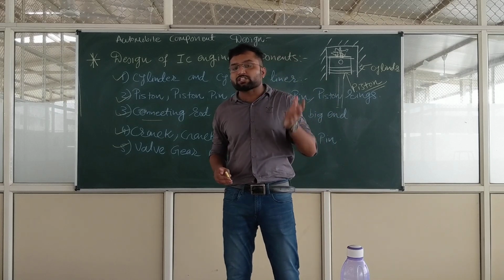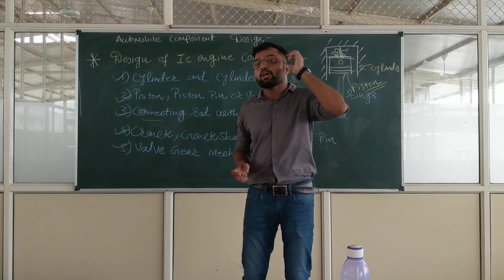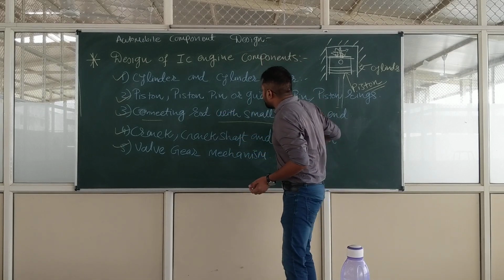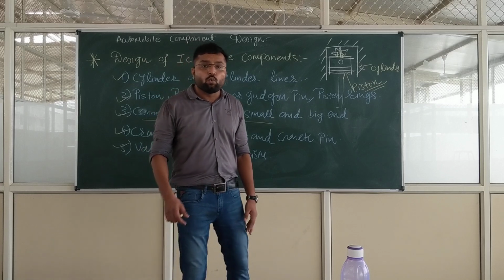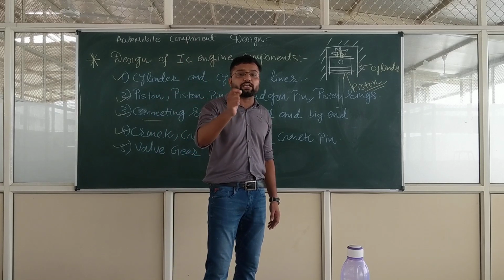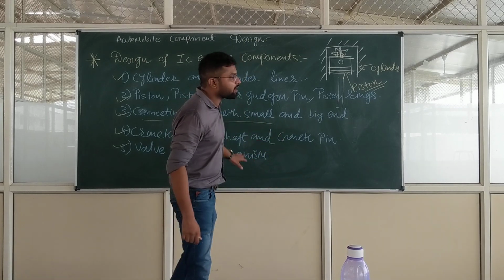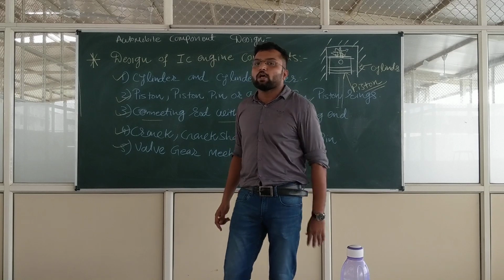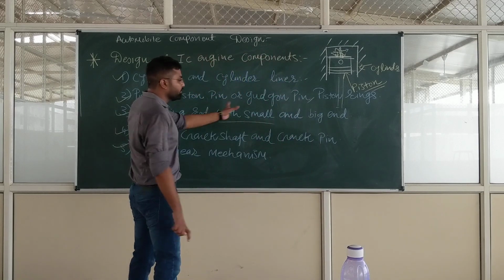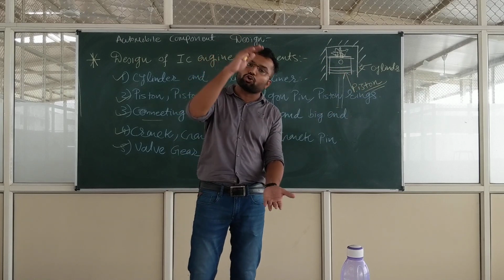It is indirectly acting stress. So while designing the connecting rod, we have to consider two major types of stress: bending stress and buckling stress. For that we have to consider the connecting rod as a cantilever beam as well as a short column. So this connecting rod is going to be designed as a cantilever beam as well as a short column.